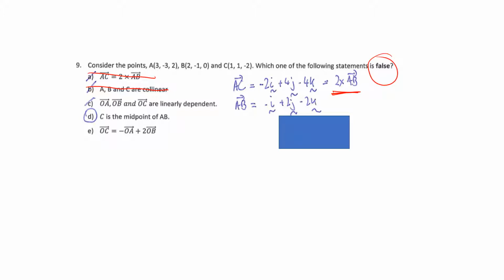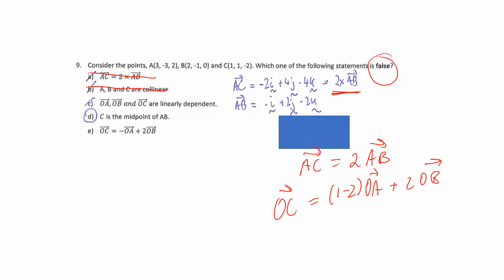Now, linked with the idea of A, B, and C being collinear, if you can say AC is equal to 2 lots of AB, then remember we could go straight to our properties of collinearity. It must be the case that OC is a combination of 1 minus 2 OA plus 2 OB.